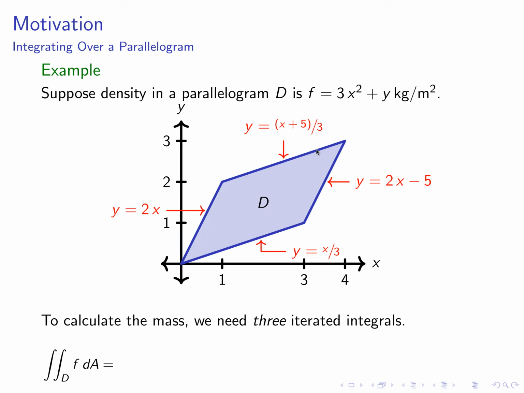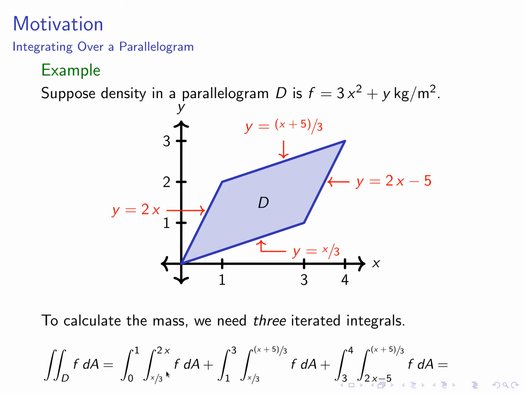So to calculate the mass, we need 3 iterated integrals. Our first iterated integral accounts for the slicing between x = 0 and x = 1, where the entry is y = x/3 and the exit is y = 2x. If we slice between 1 and 3, that's between y = x/3 and y = (x + 5)/3.